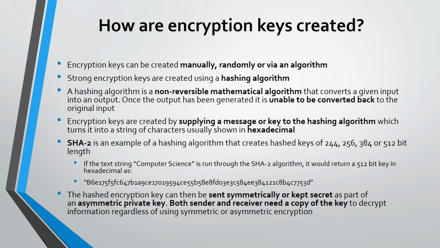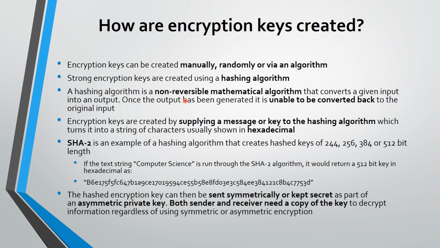How are encryption keys created? It's a very simple question. We can create an encryption key manually, at random, or via some algorithm. Strong encryption keys are created using a hashing algorithm, the most common and important algorithm.